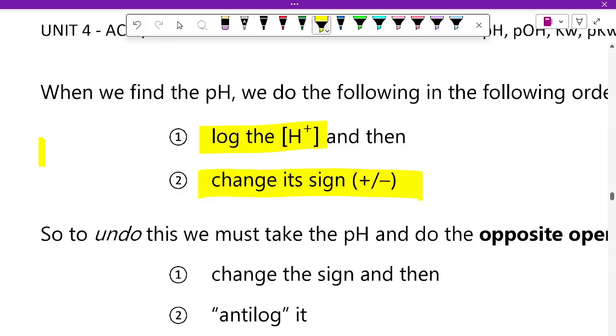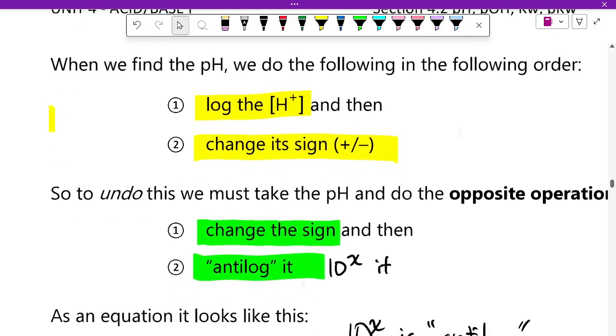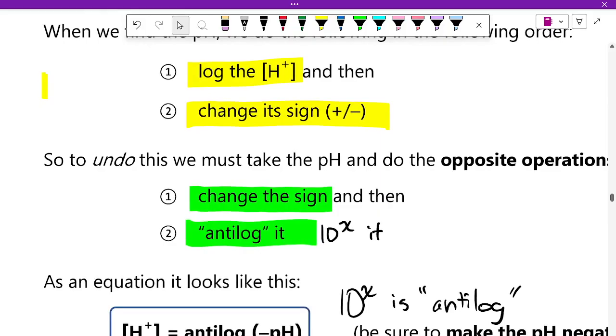So to go backwards, we need to change the sign, negative pH, and then we antilog it, which is 10 to the x. So you could, if you wanted to, write hydrogen ion is equal to the antilog of the negative pH.